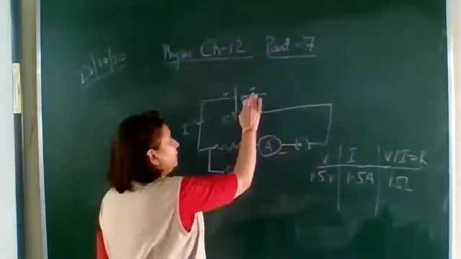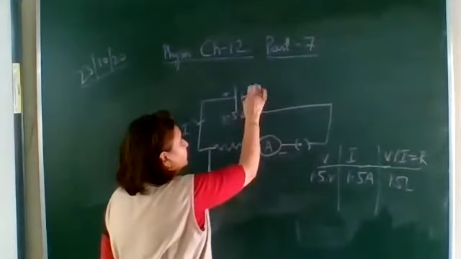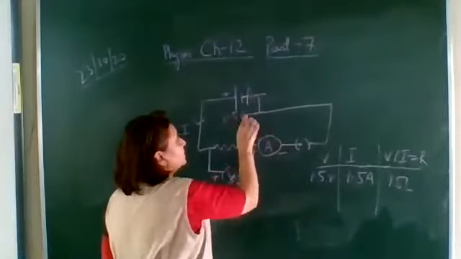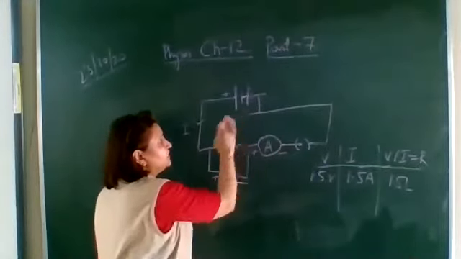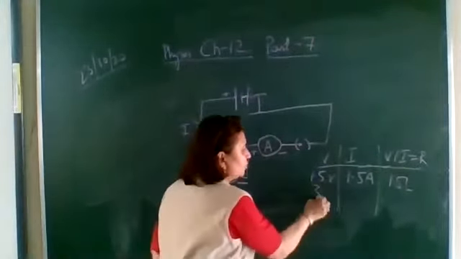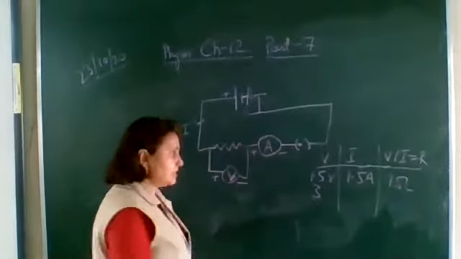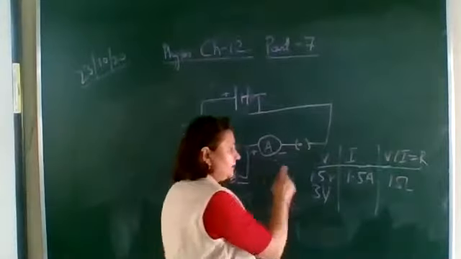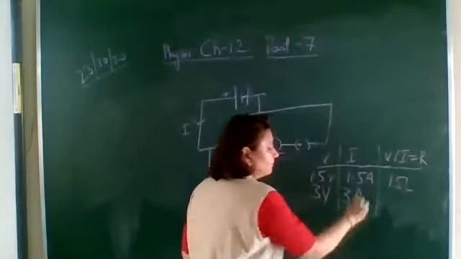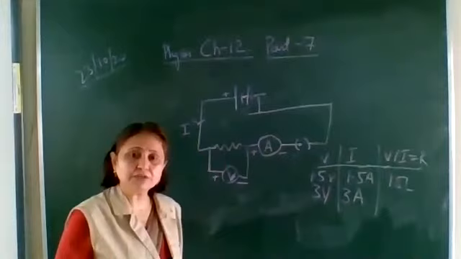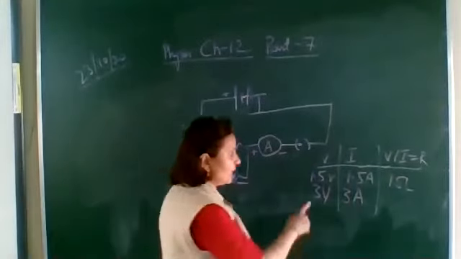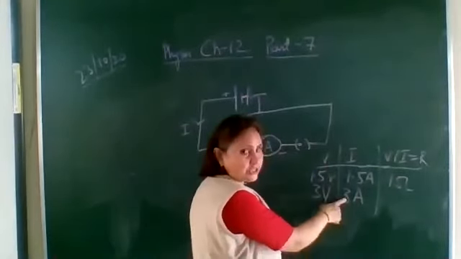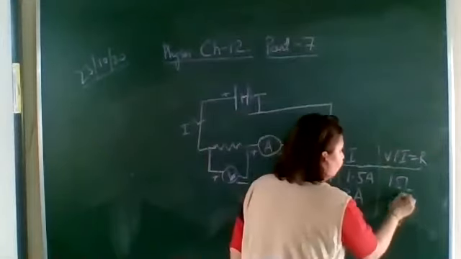Now we connect 2 cells in series, each of 1.5 volt. The voltmeter measures 3 volt, and you will see that the current measured by the ammeter is also equal to 3 amperes. So again find the ratio of V to I, 3 upon 3, you get 1 ohm.